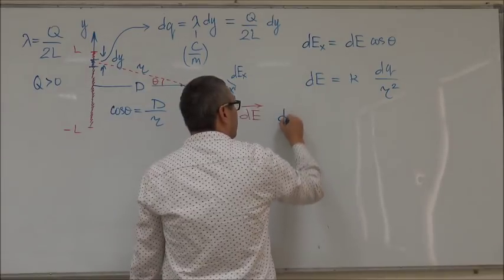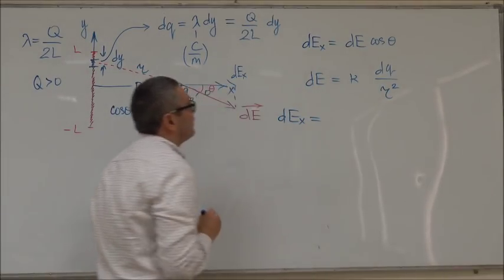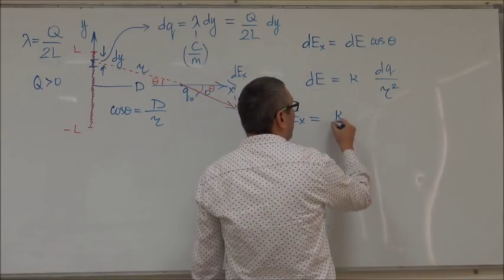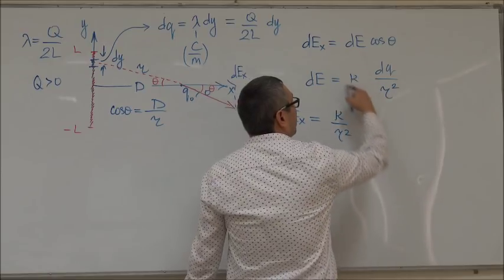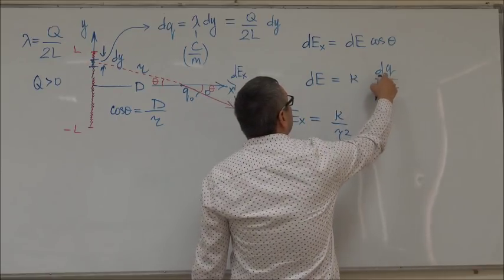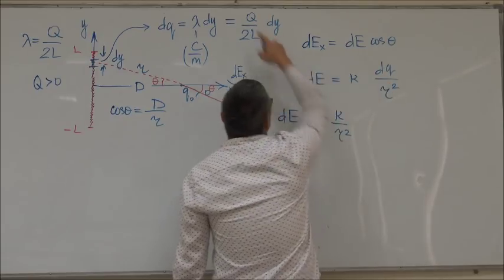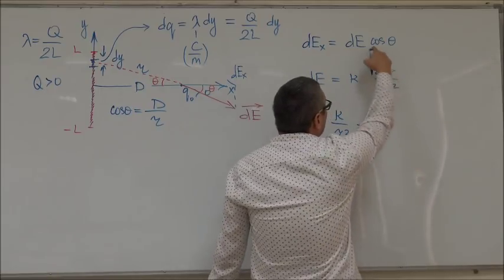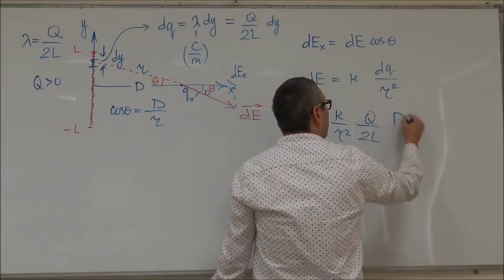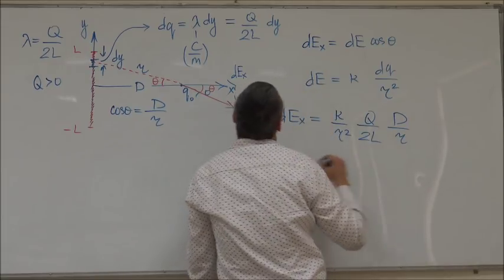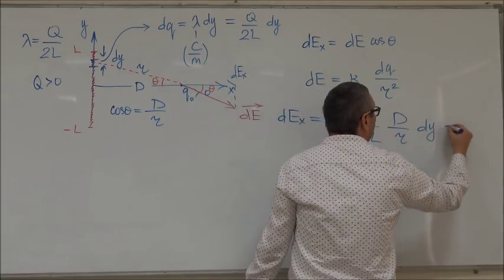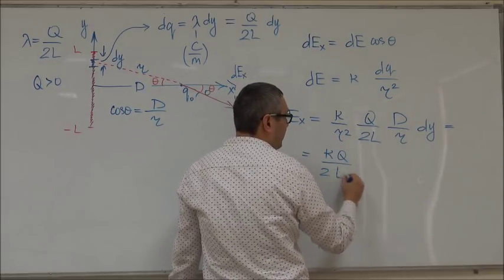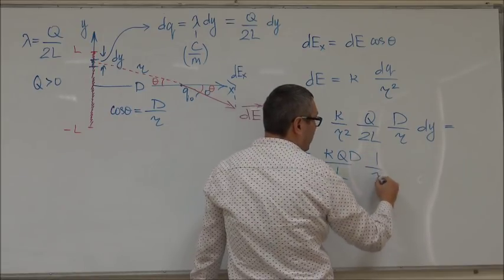So dEx is then equal to k over r squared, that's this part, times dq, that's this part, Q over 2L, and then cosine theta, that's d over r, dy. So this then becomes kQ over 2L, 1 over r cubed, dy.